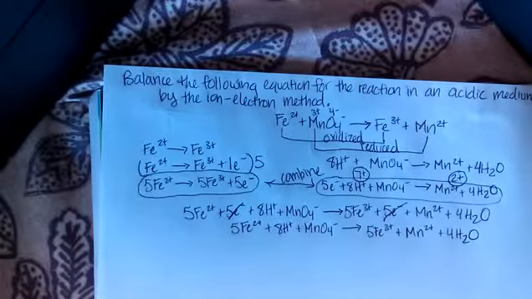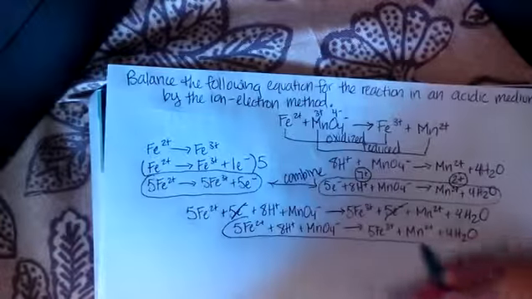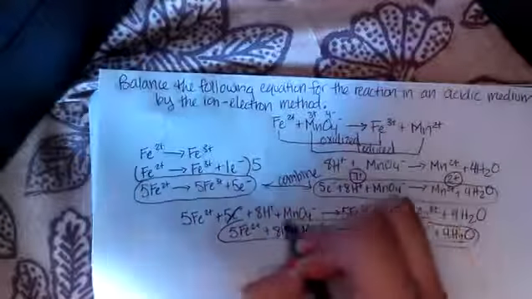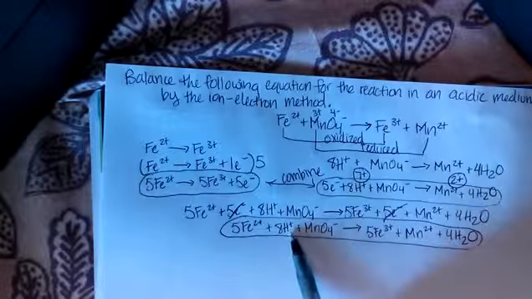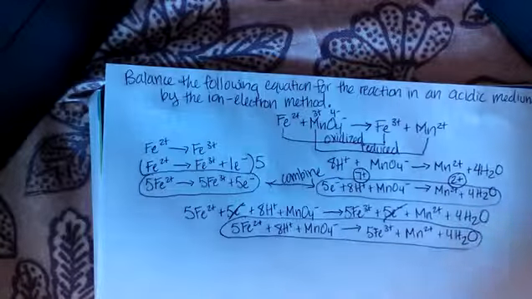And so, if you look at it, this is your final balanced equation. And if you were to check it, the charges on your reactant side should equal the charges on your product side.